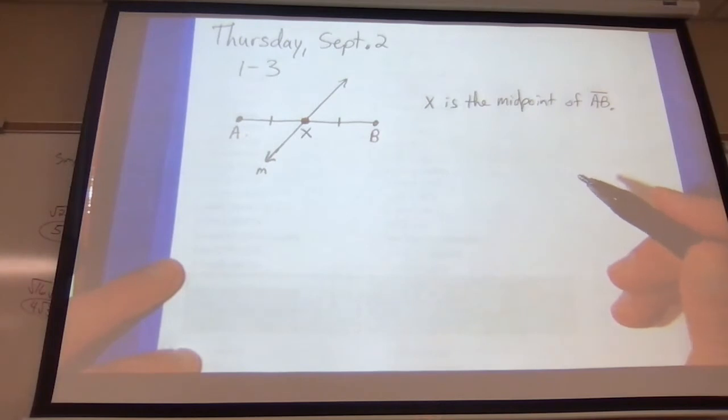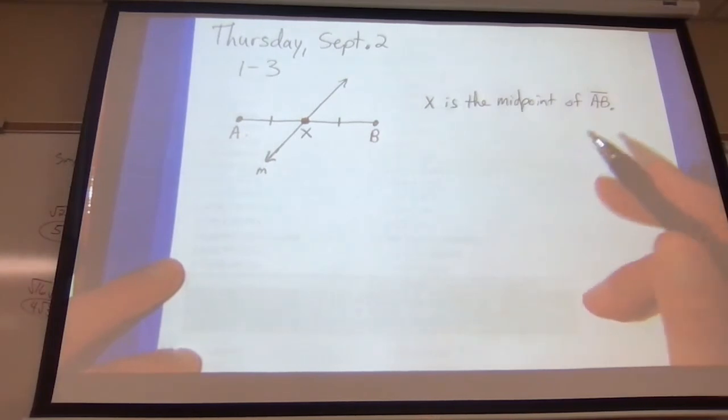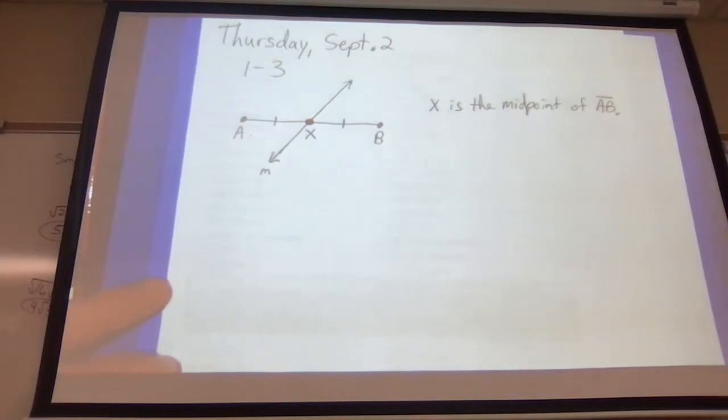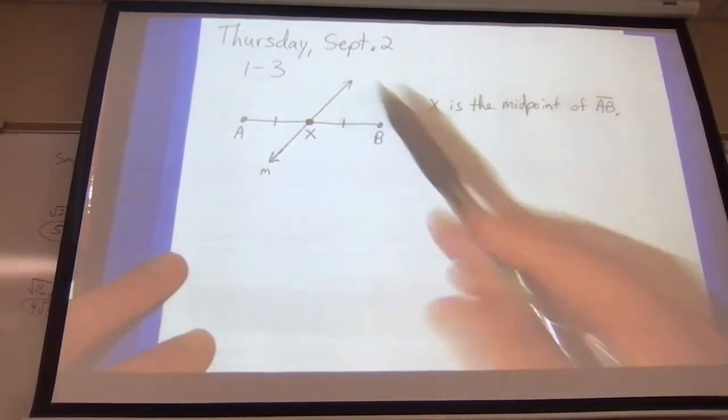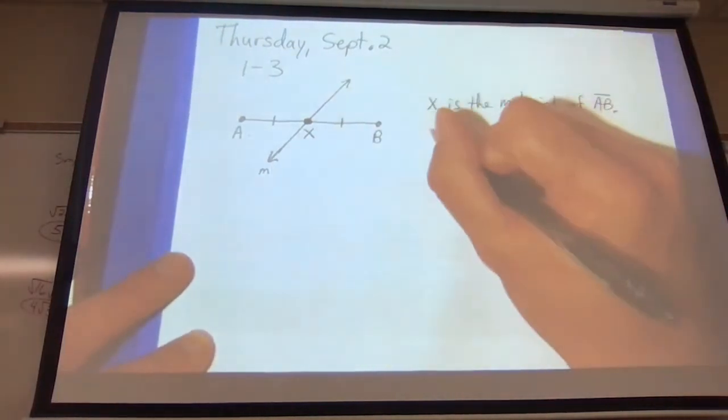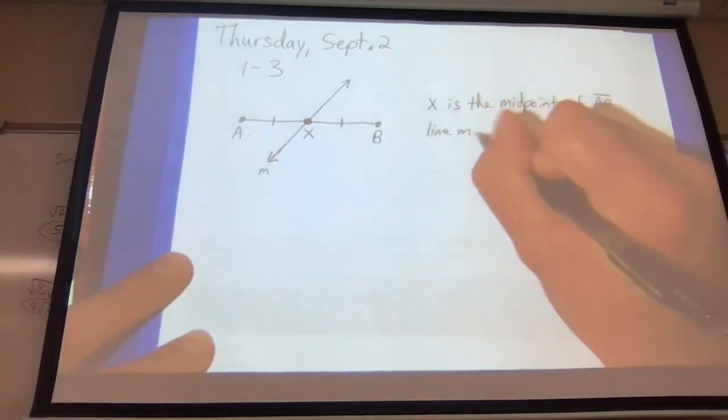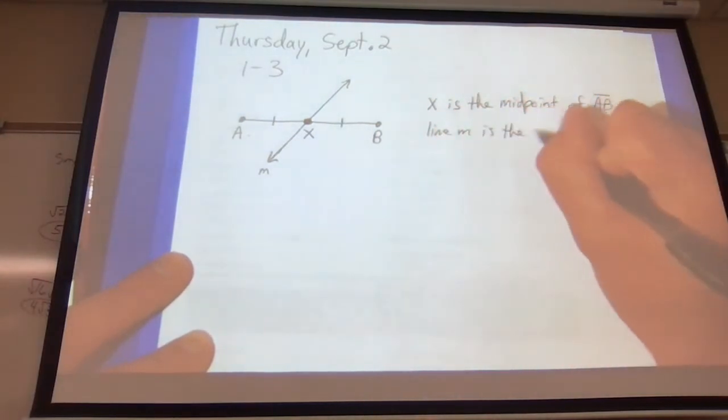Think of science class. When you bisect or dissect a frog, where do you cut the frog? Right down the middle. Okay. Same thing in geometry, except we call it bisecting instead of dissecting. This line m is the segment bisector.